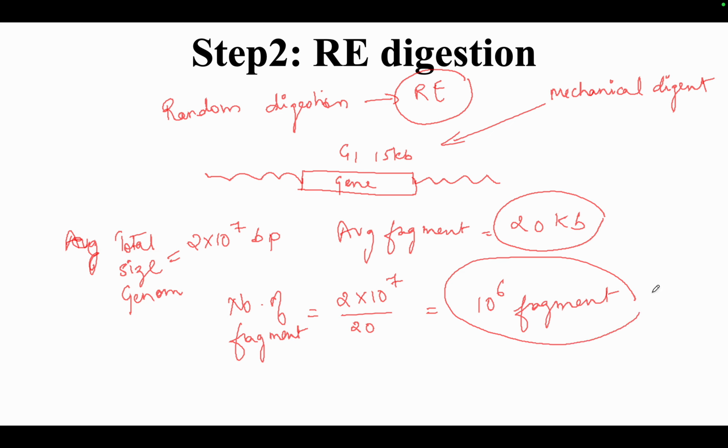If we get more than 10^6 fragments, maybe it is not capturing one gene inside the fragment; maybe the gene is getting cleaved in between. So this is just the approximation that we'll probably get 10^6 fragments.